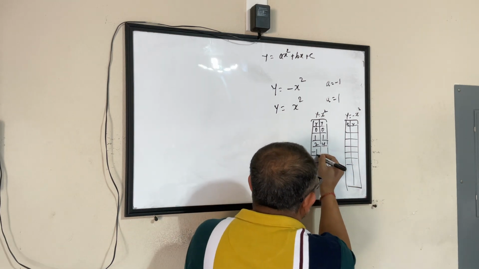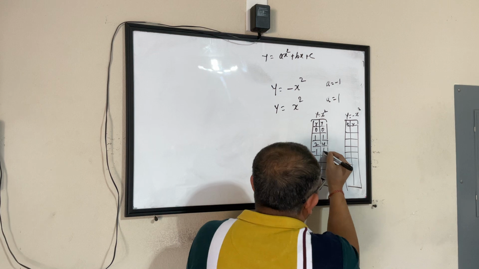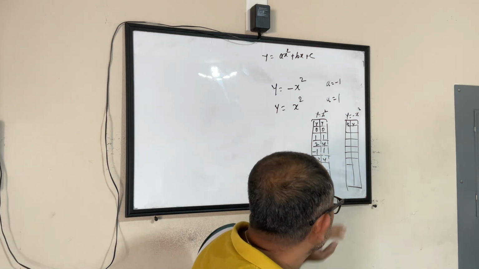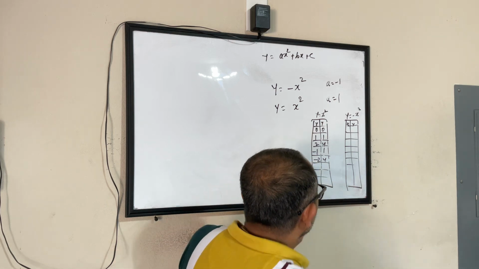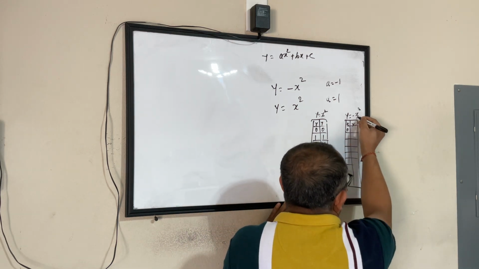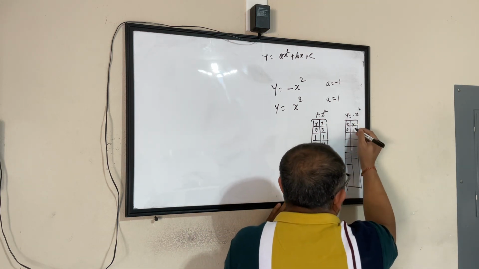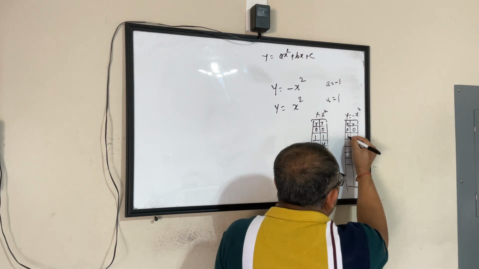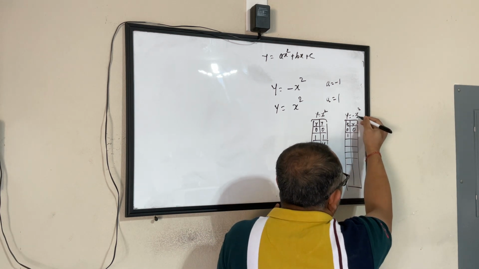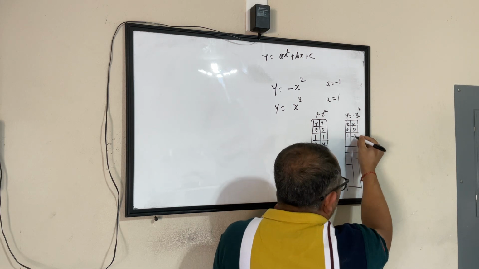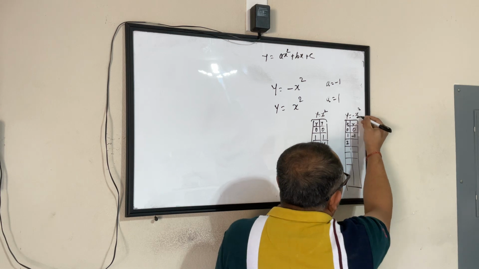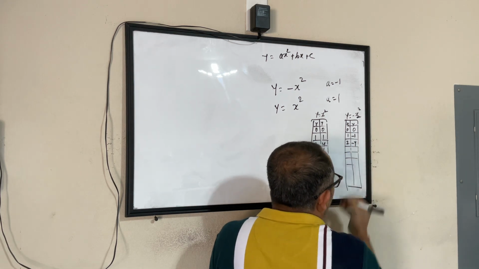I'll pick minus 1, so minus 1 squared is also 1, minus 2 squared is also 4, plus 4 only. Here in this case what happens? When I go for x equal to 0, this becomes 0 squared minus 0, doesn't make a difference. If I say x equal to 1, this becomes 1 squared, that is 1, and with the minus, that is minus 1. 2 becomes 4, with the minus, minus 4.